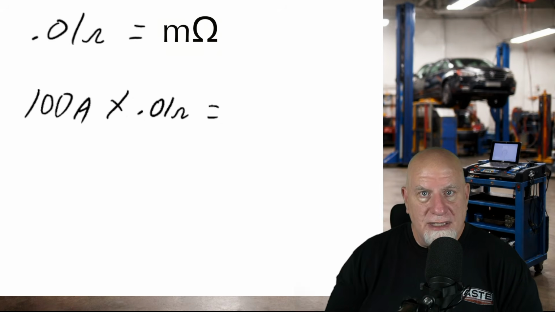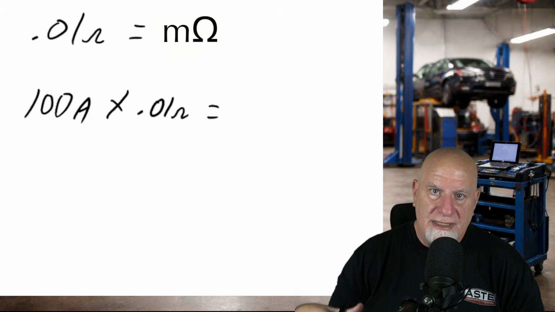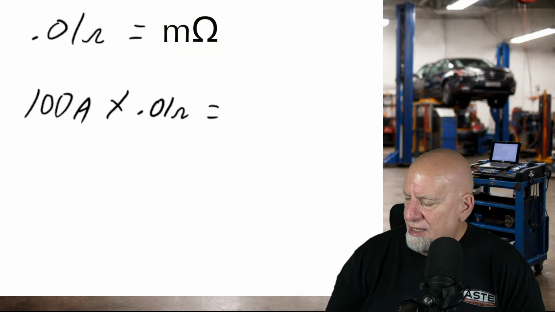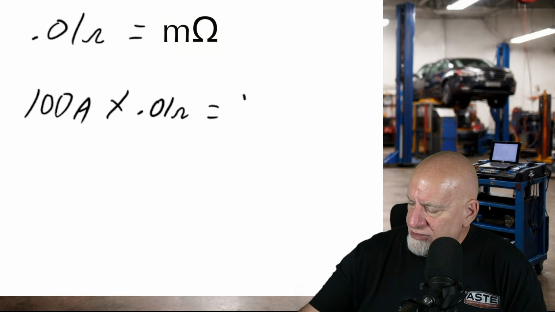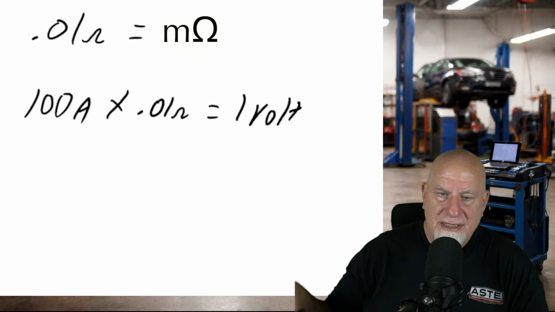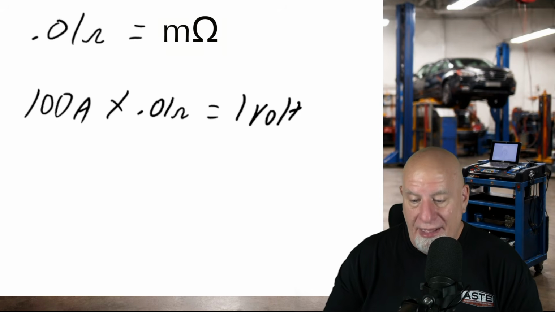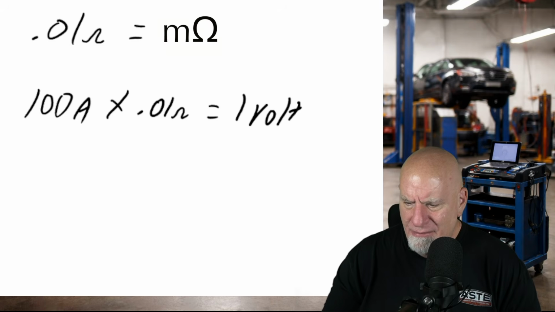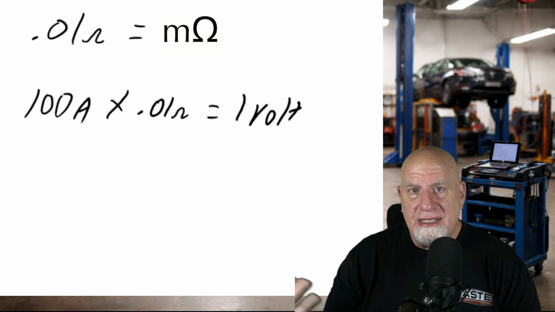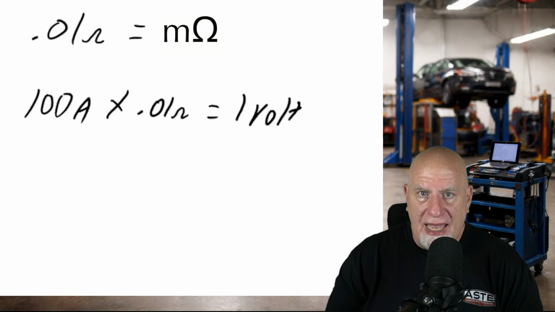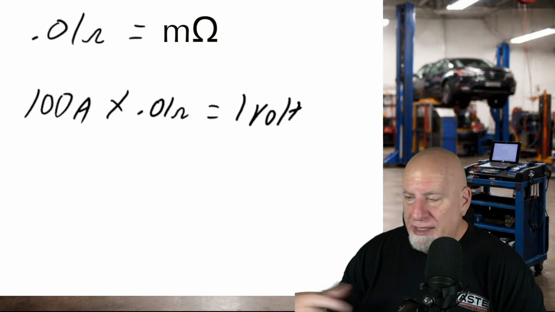Now, using Ohm's law, remember, if we don't know our voltage, we just multiply the resistance times the amperage. And in this case, we are actually dropping 1 volt across this 10 milliohm resistance. That's wild. Okay. A tiny resistance matters when the current is high. That can totally affect the circuit.